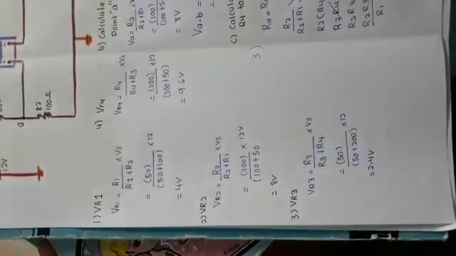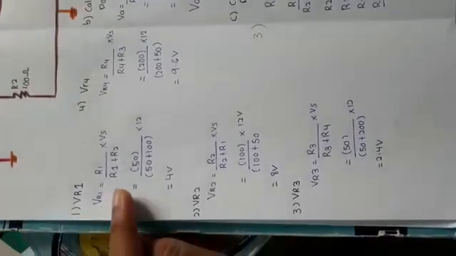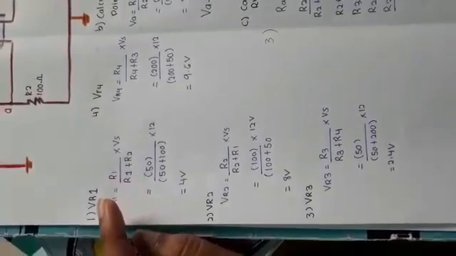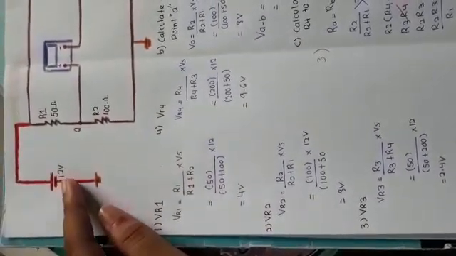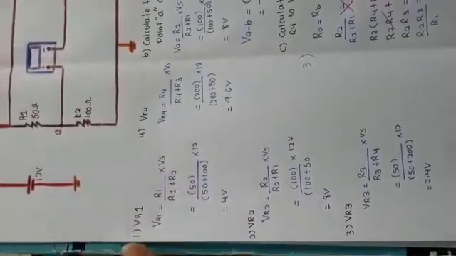Okay, for now I have already done my calculation and also the circuit. To find out the voltage across R1, we use this formula: R1 divided by R1 plus R2, times the power supply, which is given on the circuit as 12 volts.